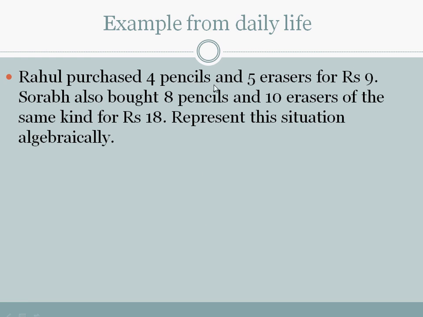Let us have an example from daily life. The example says Rahul purchased 4 pencils and 5 erasers for rupees 9. Saurabh also bought 8 pencils and 10 erasers of the same kind for rupees 18. Represent this situation algebraically.